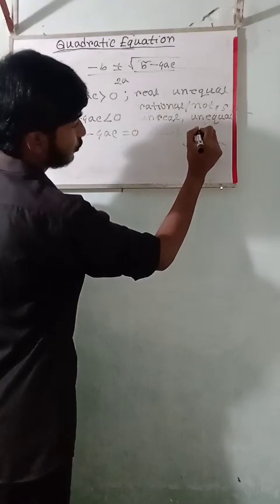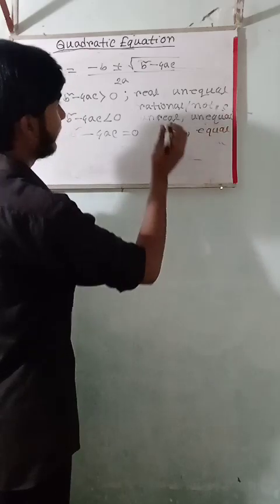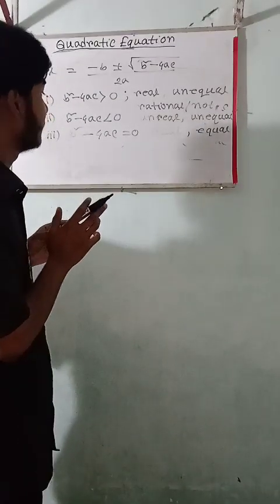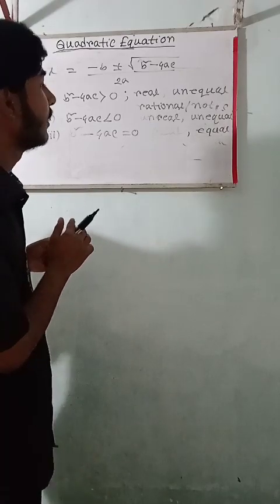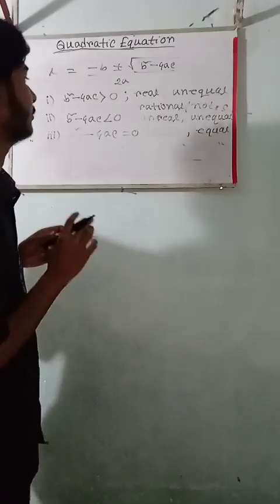And the two roots will be equal. And if it is a perfect square, then it will be rational, and if it is not a perfect square, then it will be irrational. It's simple.